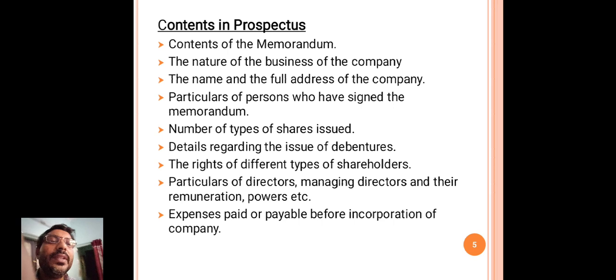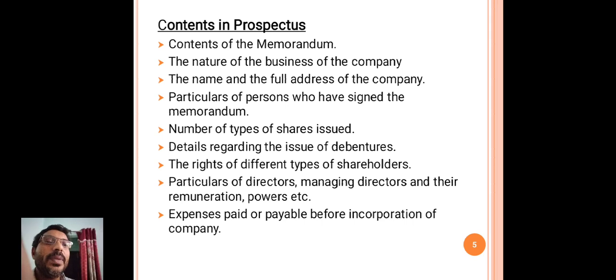Details regarding the issue of debentures. Another kind of getting finance from the public, other than shares, is debentures. So details regarding the issue of debentures are also included in the prospectus.